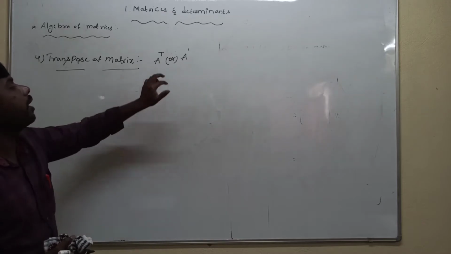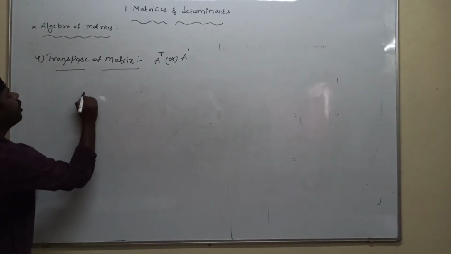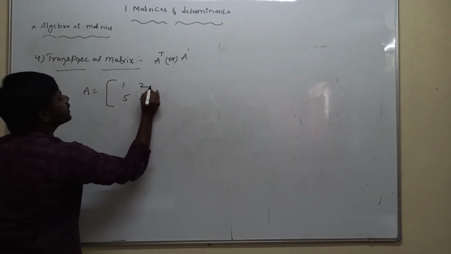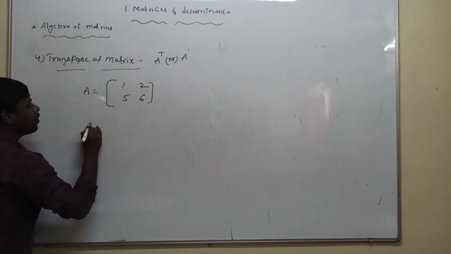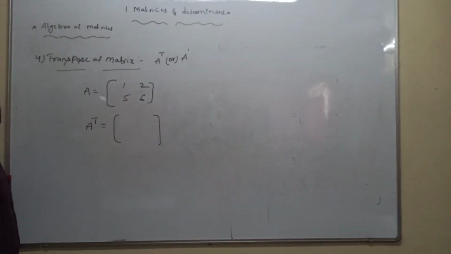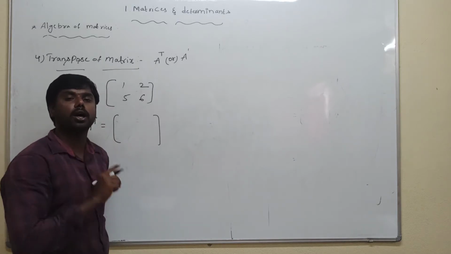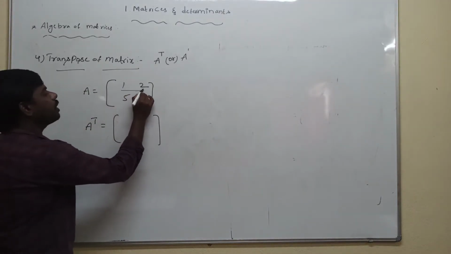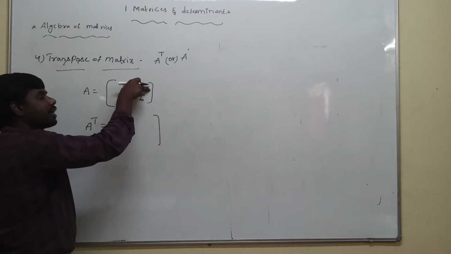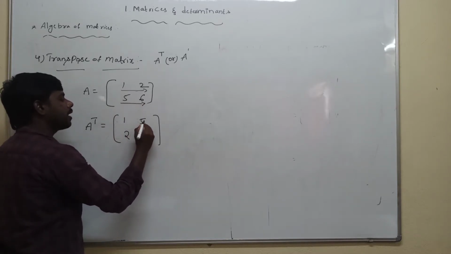It is denoted by A power T or A power dash. For example, A is the matrix 1, 2, 5, 6. Now find the transpose of the matrix by interchanging rows and columns, meaning rows are replaced with columns and columns with rows. The first row is replaced with the first column, so the first horizontal elements are written vertically. The second row is replaced with the second column.